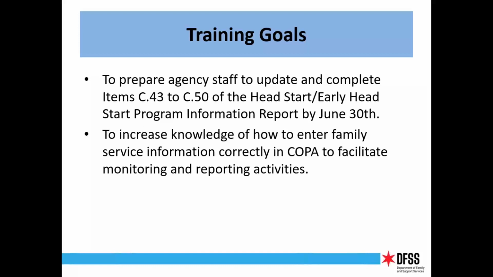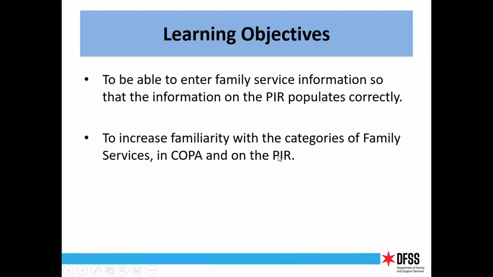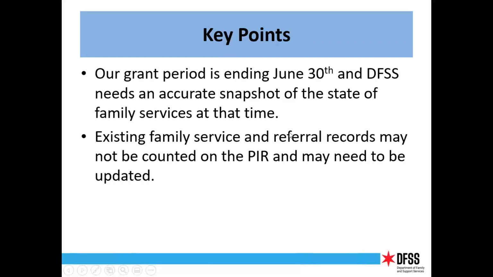And also, in general, working to increase knowledge of how to enter family service information correctly in COPA to help monitoring and reporting overall. So we're going to go over how to enter family service information so that the PIR properly reports those activities, and increase the familiarity that everyone has with the new categories of family services, which were changed recently.